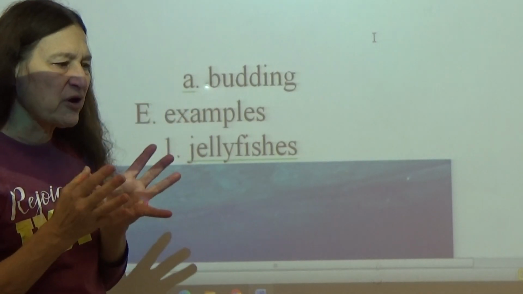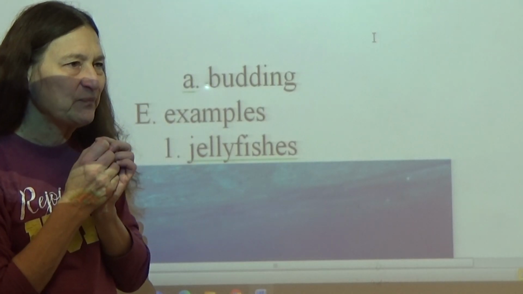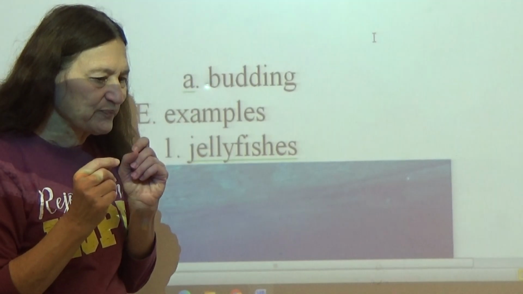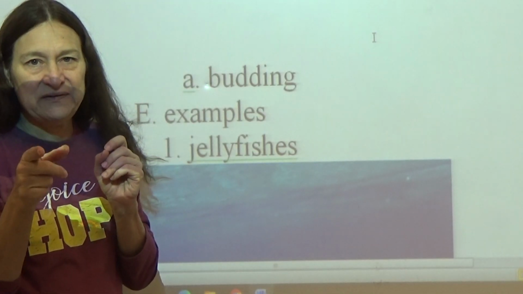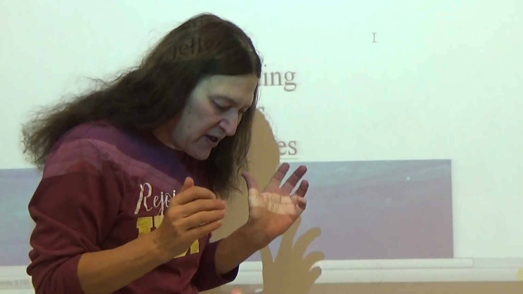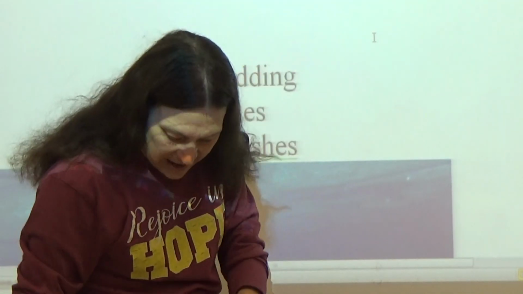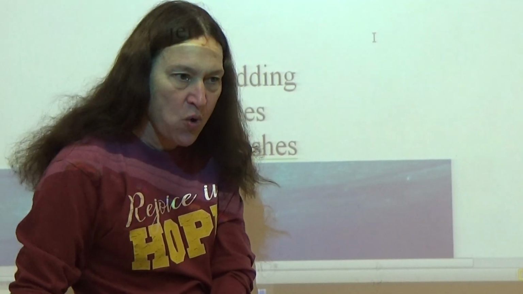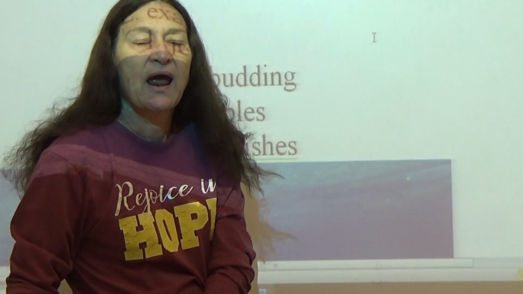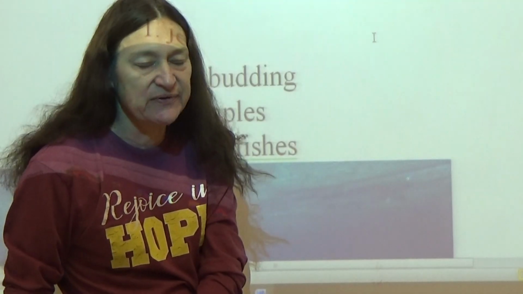In the hydra, what can happen is that it reminds me of the yeast when they bud. So, you know, you have a little hydra and it's doing its thing, and it can actually grow a little baby hydra on the side of it, and that's its bud. That's what they call budding.